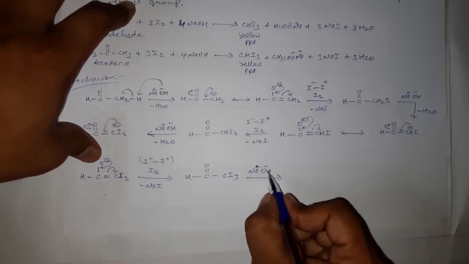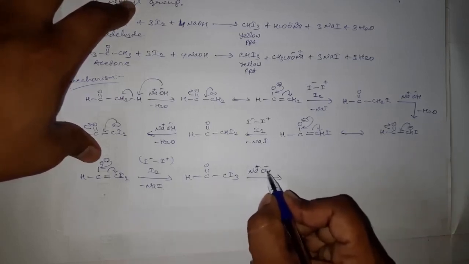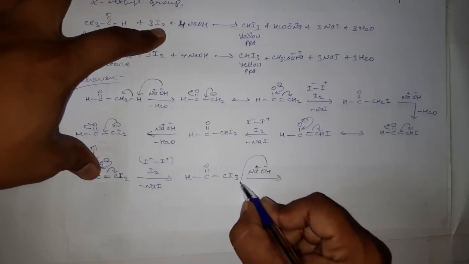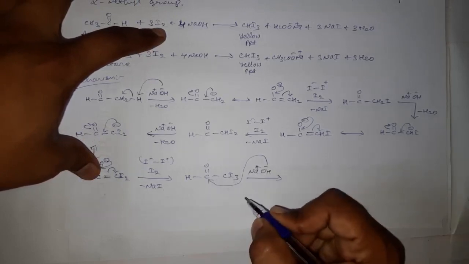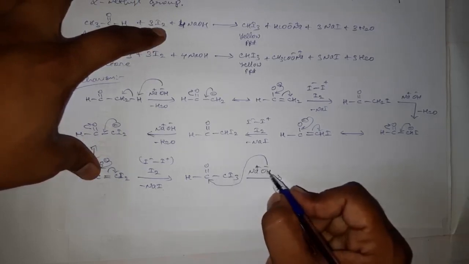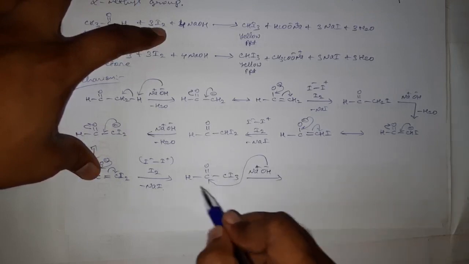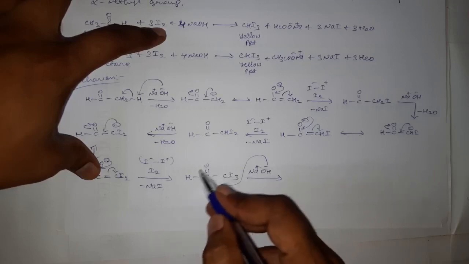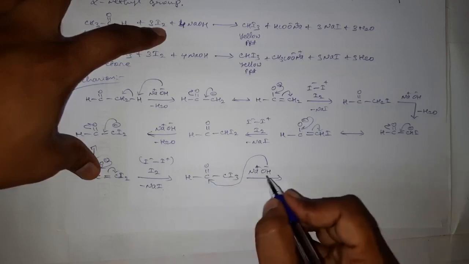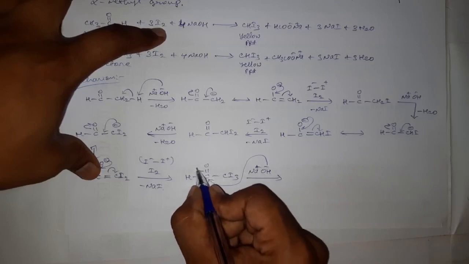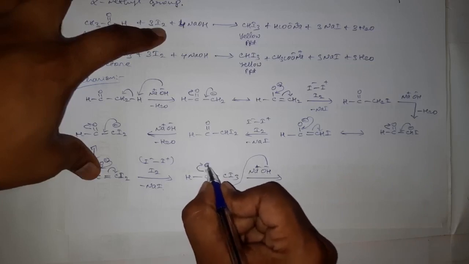See here, instead of acting as a base, this hydroxyl group will now act as a nucleophile to attack this carbonyl carbon. This OH will now act as a nucleophile. Why? Because here there are no acidic protons on this aldehyde. Therefore, it will act as a nucleophile and attack on this carbon, and this double bond will now move towards the oxygen.